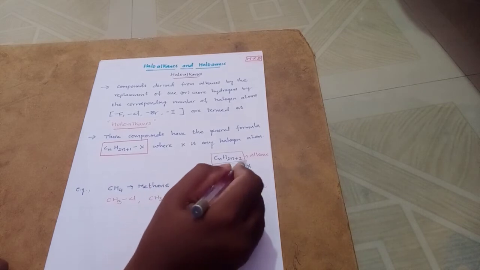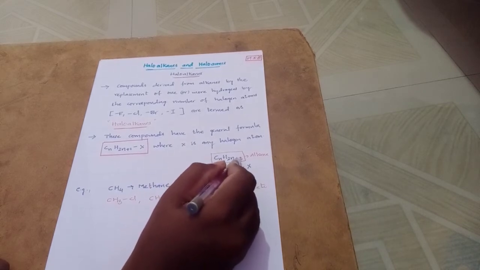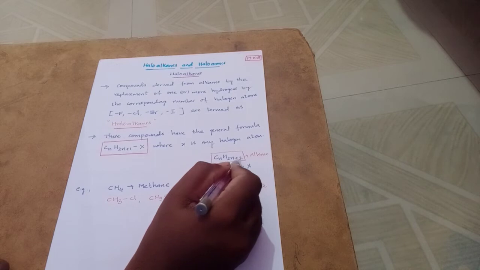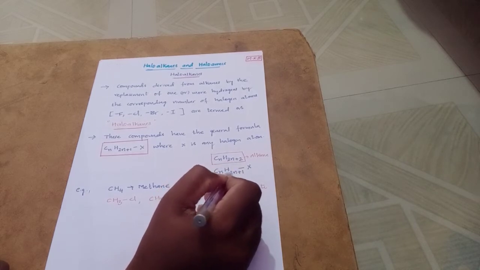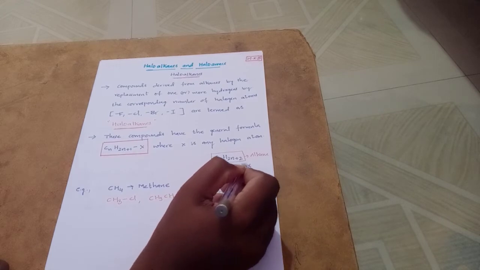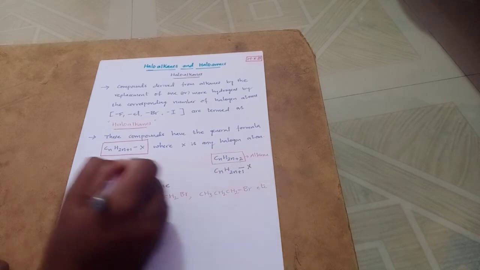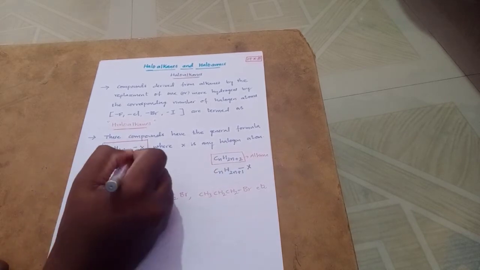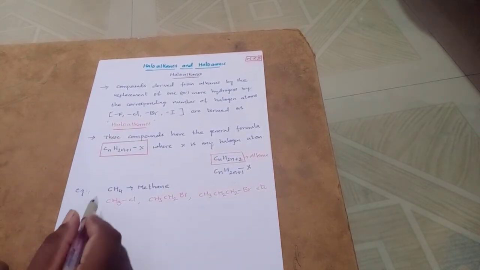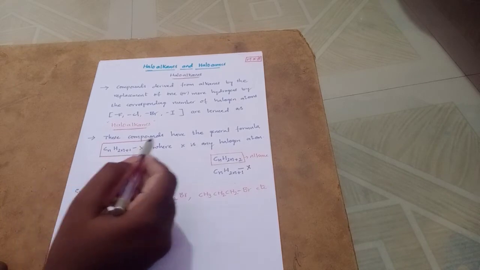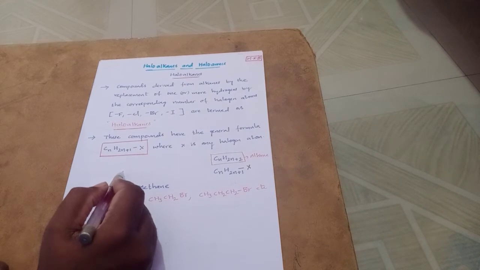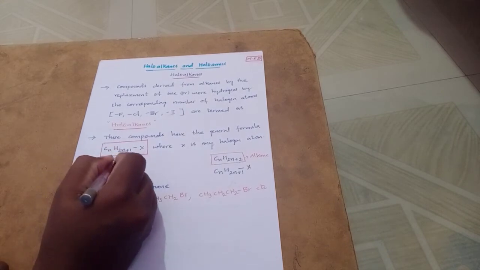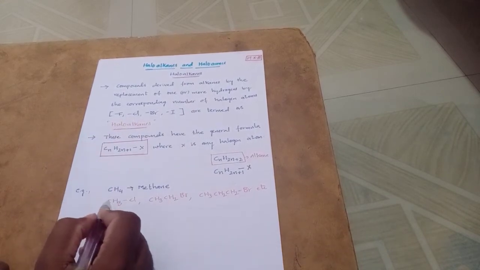For example, now I will replace one hydrogen. If we remove one hydrogen, the formula becomes CnH2n+1, and in place of hydrogen I will write X. Then that is the general formula for haloalkanes: CnH2n+1X, where X is any halogen atom and CnH2n+1 is the hydrocarbon part.